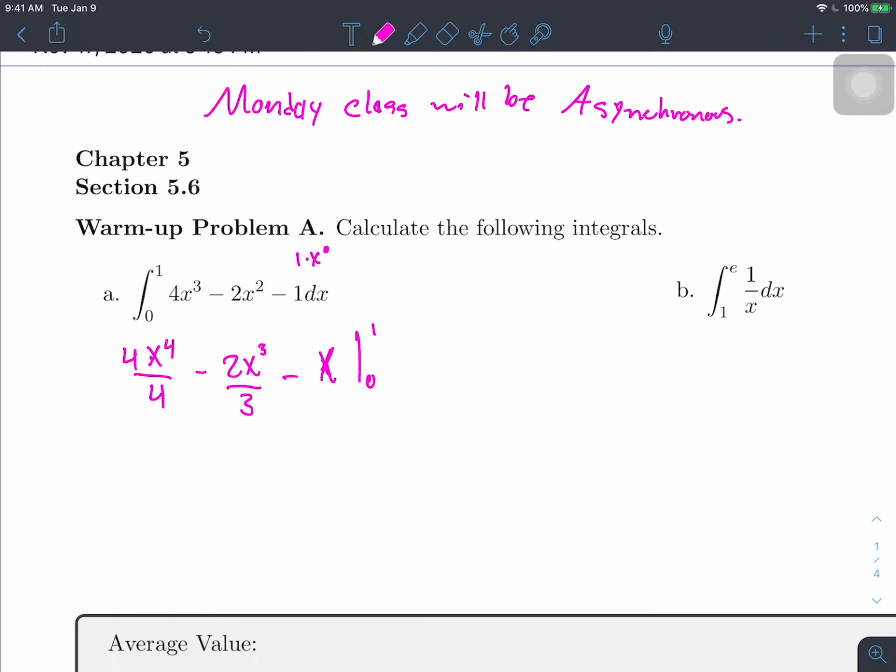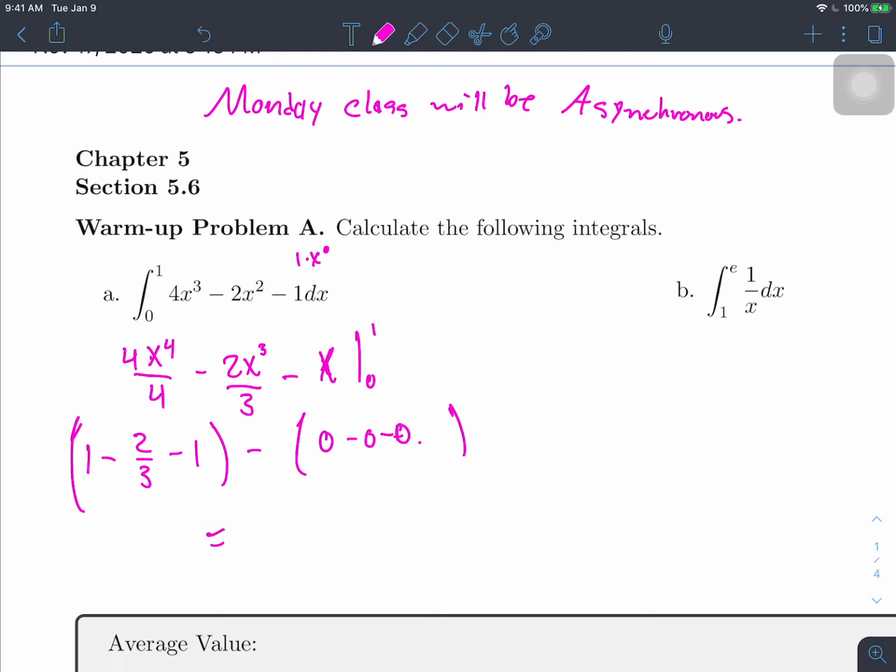Which one do I plug in first? Yeah, 1. Plug in 1 first. So we'll get 1 minus 2/3 minus 1. We'll put all that in parentheses, and we're going to subtract from that when we plug in 0, but when we plug in 0, we're just going to get 0 minus 0 minus 0, right?